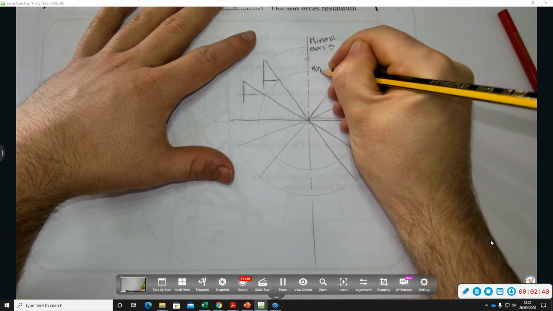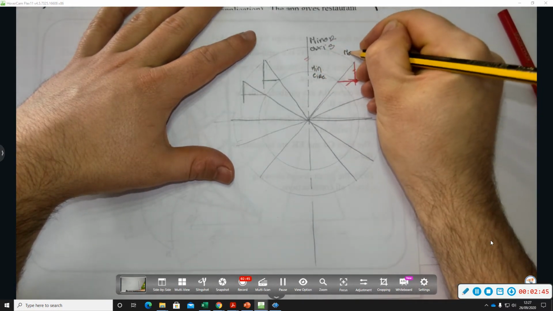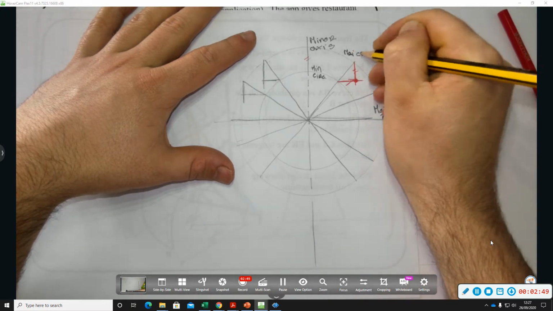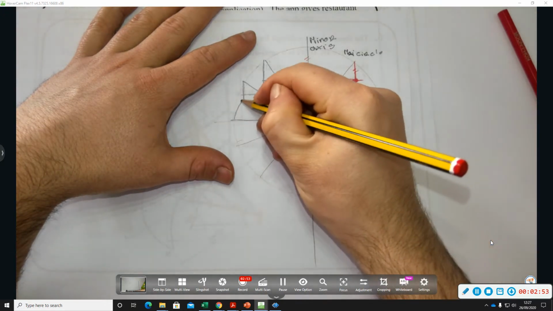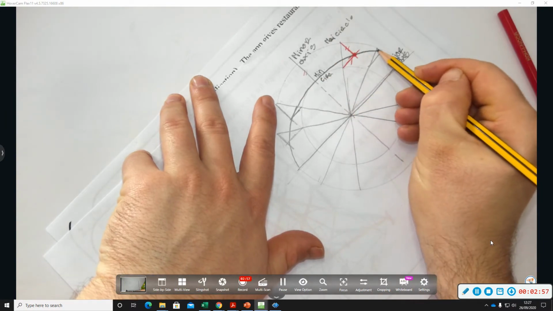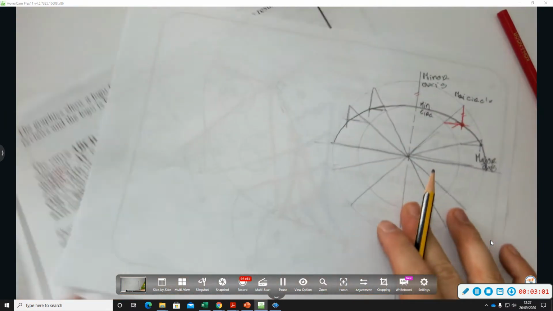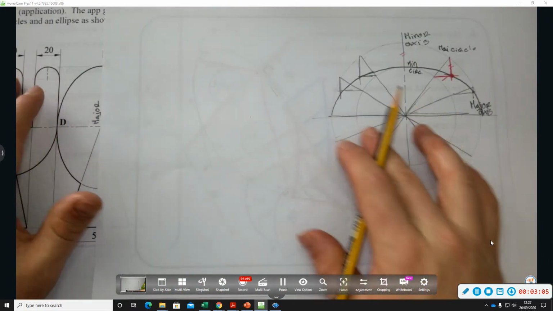So that's the minor circle and the major circle. Then we would freehand sketch our ellipse in. Now in this question, the ellipse won't go across our sheet.